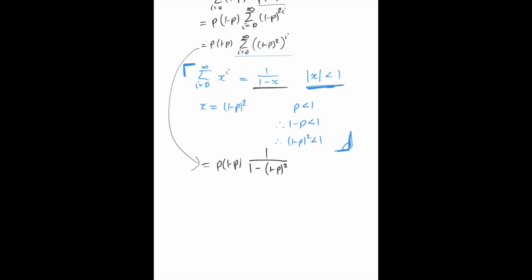So what we can do is write this as p(1 minus p) over, I'm going to expand that square, 1 minus (1 minus 2p plus p squared). But what we can do is these two ones cancel, and so we're left with p(1 minus p) over 2p minus p squared, which is what we wanted.